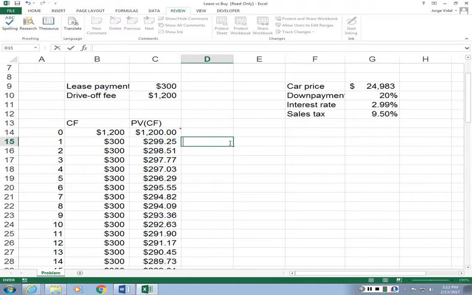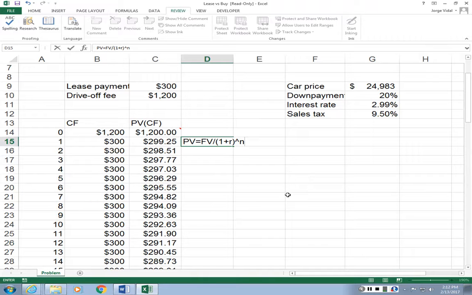But present value equals future value over 1 plus r raised to the n power. So the numbers in the future, you're raising to a bigger power, you have a bigger number, the present value is going to be smaller.